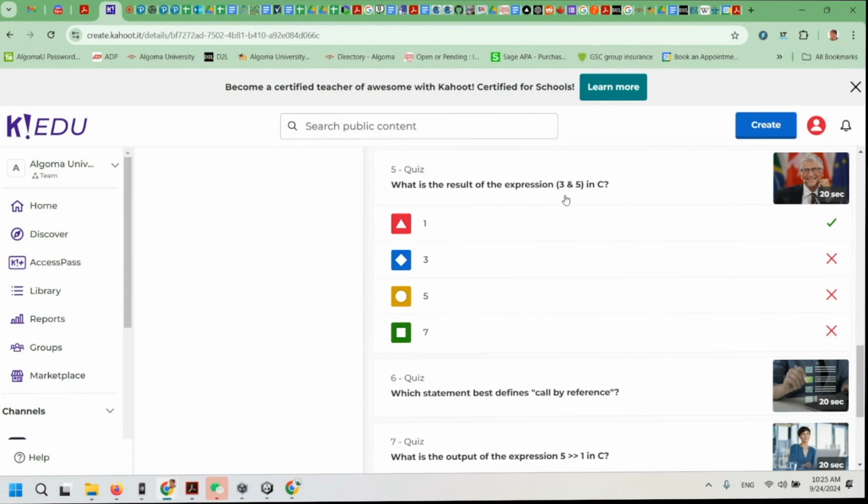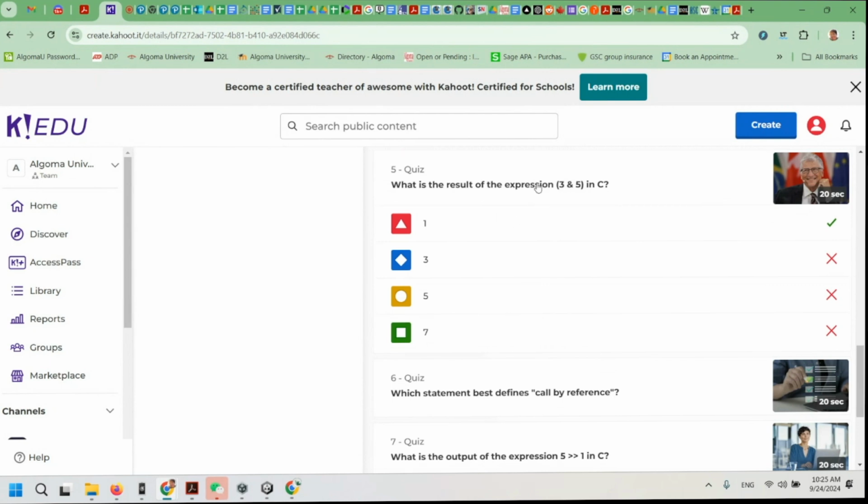Which, actually, okay, this answer might not be correct. Anyone can tell me how to do this one? This might be complicated. Any thoughts? Yeah, you need to convert into binary first, and then do the bitwise operation. It might take a while to figure out, but definitely not a 1, I guess.